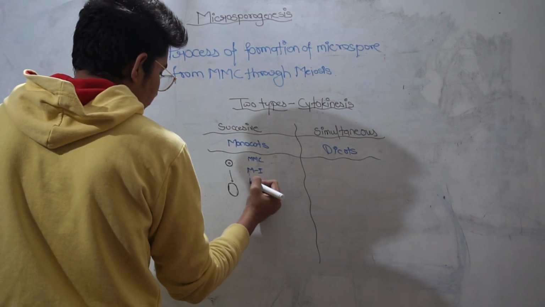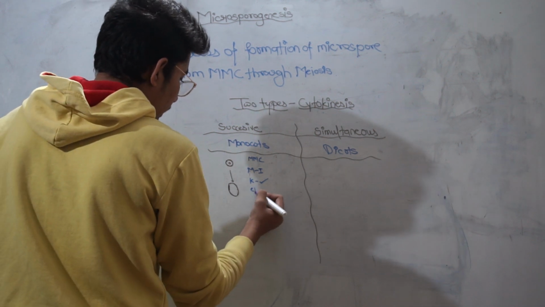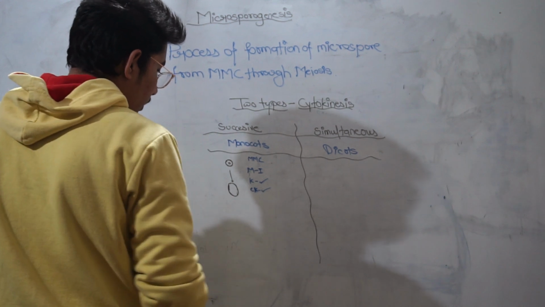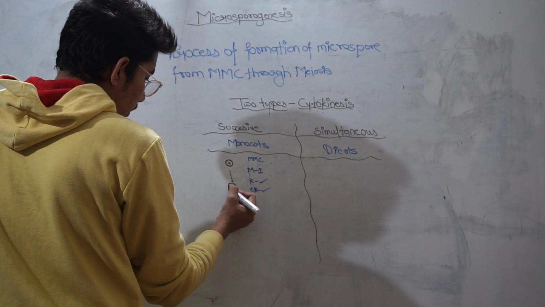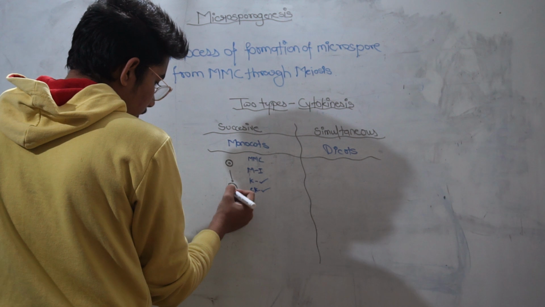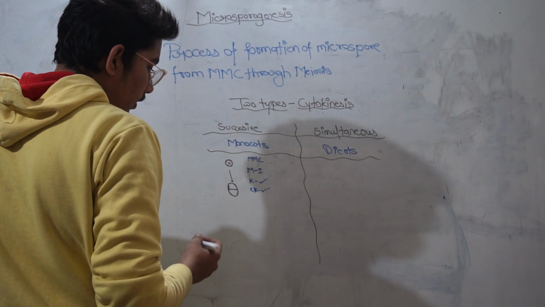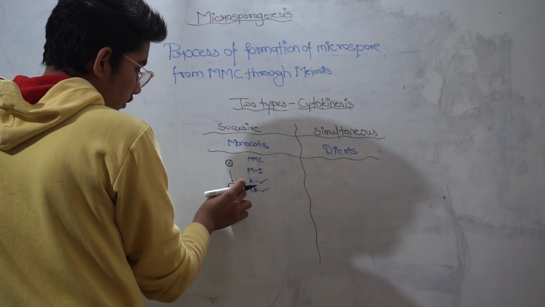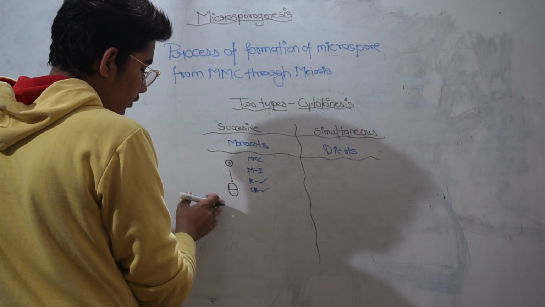Now here karyokinesis is present, cytokinesis is also present. Now, as meiosis is a reductional division, what happens here? This cell will show growth, and one wall will form and divide this whole cell into two parts.